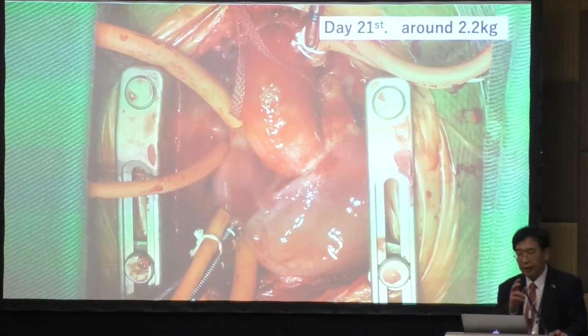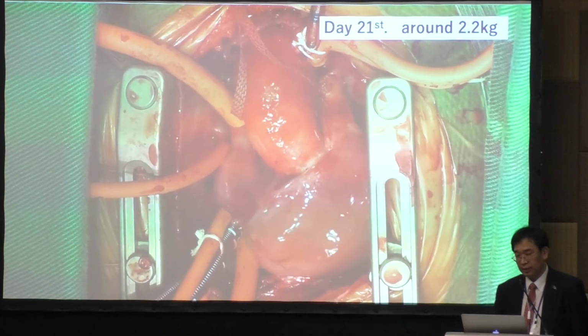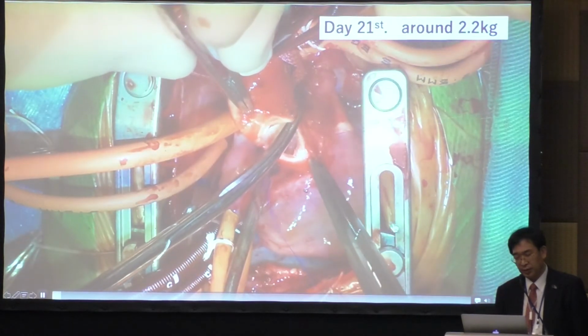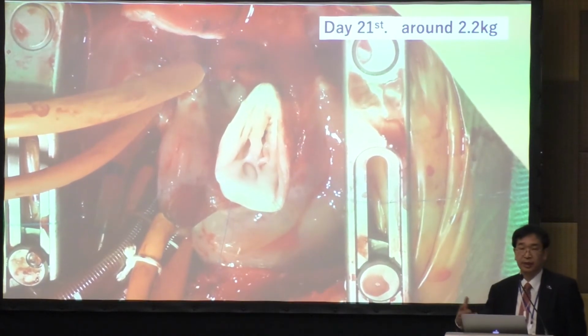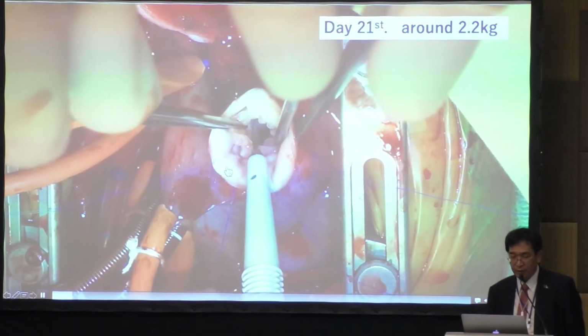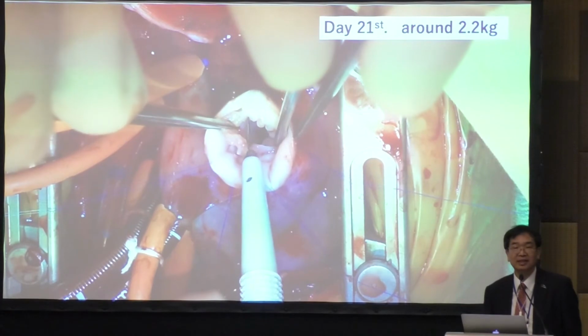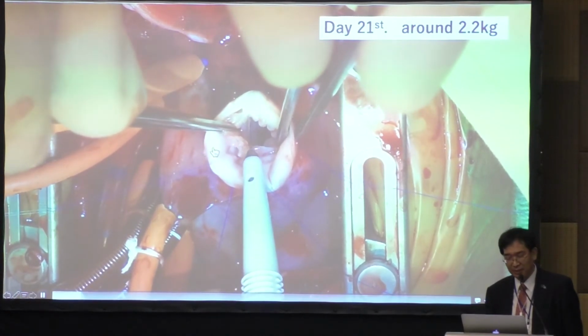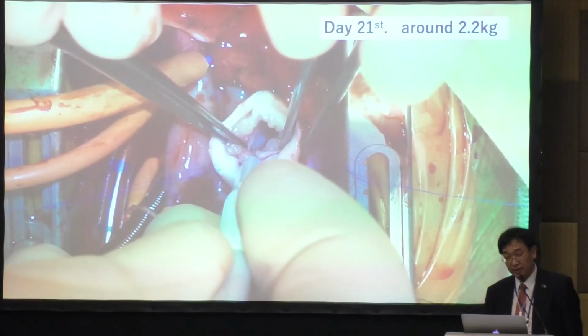So I operated on day 21, at around 2.0 kilograms. The ascending aorta was huge because of stenosis and regurgitation. And this valve, yeah, I tried to cut open maybe the commissure, but the valve condition was very bad, almost dysplastic with short rings.